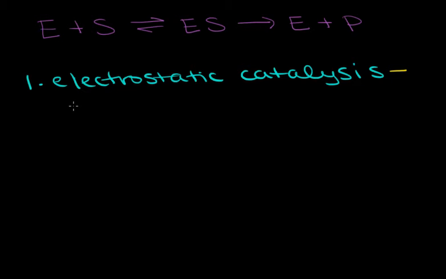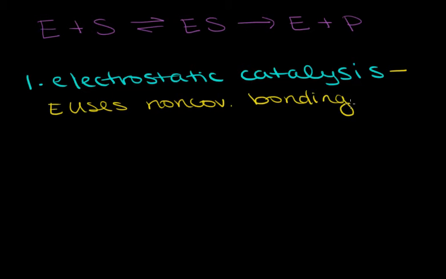So this means that the enzyme uses non-covalent bonding to create a distortion in the transition state. It distorts the substrate. Non-covalent bonding to stabilize the otherwise high energy transition state. So that's electrostatic catalysis. That's one strategy that enzymes use.